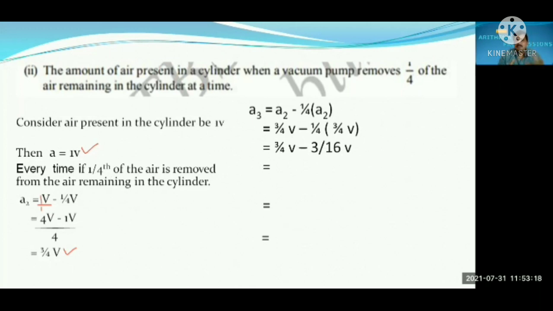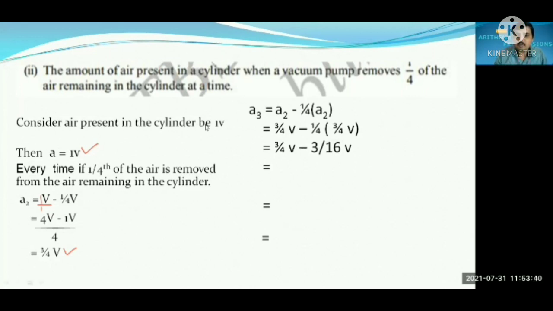The cylinder is not full of air now, since we already removed 1/4 of the air. How much air is present in the cylinder? That is A2, 3/4 of V. In that 3/4 we have to remove 1/4 of the air.